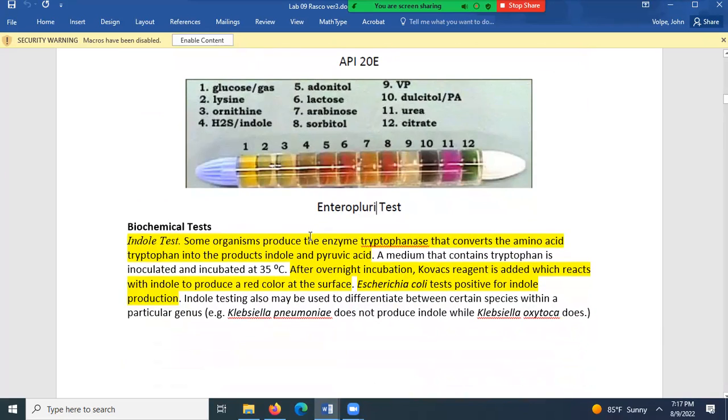The indole test. These are organisms which produce the enzyme tryptophanase that converts the amino acid tryptophan into indole and pyruvic acid. After overnight incubation, you add Kovacs reagent, which reacts to indole to produce a red color at the surface. E. coli is positive for indole production.